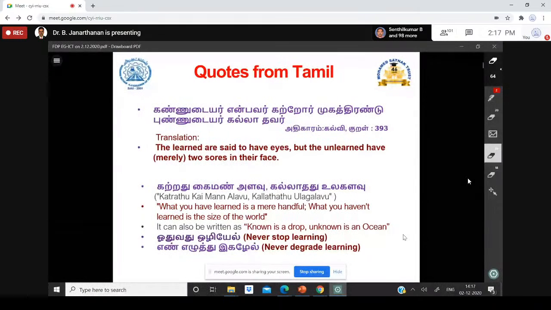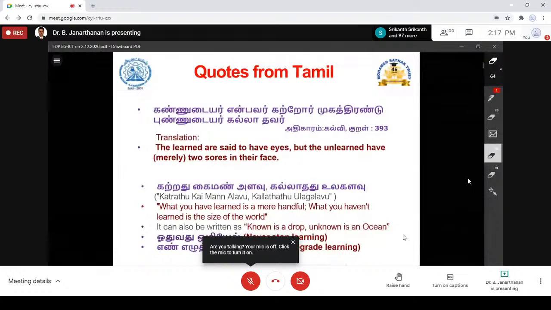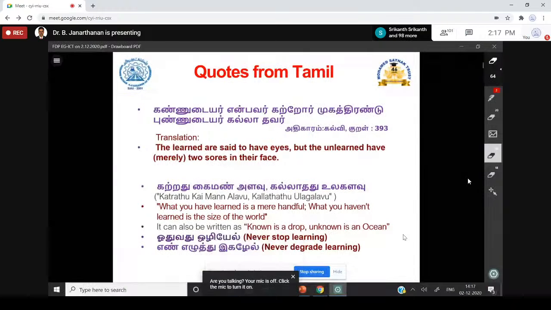Then she has also stressed the importance of learning, never stop learning, ஓதுவது ஒழியேல், then எண்ணல் திகழேல், all these things, never degrade learning. Then Thiruvalluvar has written very harshly about those who are not learned. கண்ணுடையர் என்பவர் கற்றோர் முகத்திரண்டு புண்ணுடையவர் கல்லாதவர்.